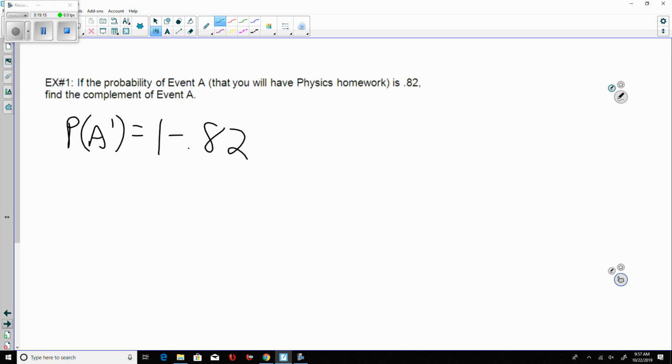So be very careful of that. If you do that in your calculator, the probability of A complement is going to be 0.18. This right here is the probability of event A occurring, which is 0.82. If I take them and add them together, I get 1. So you will either have physics homework or you won't.